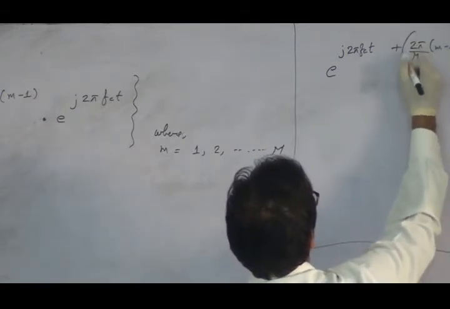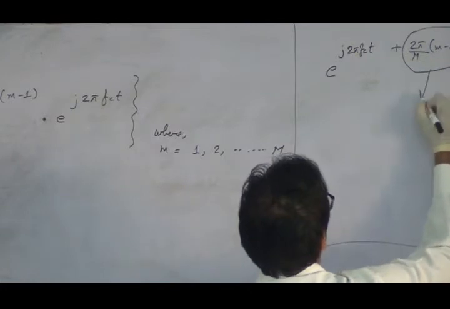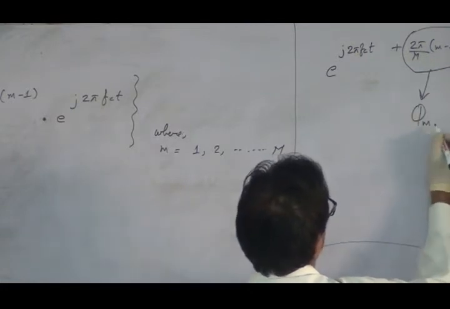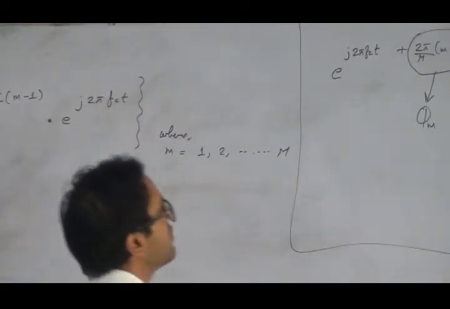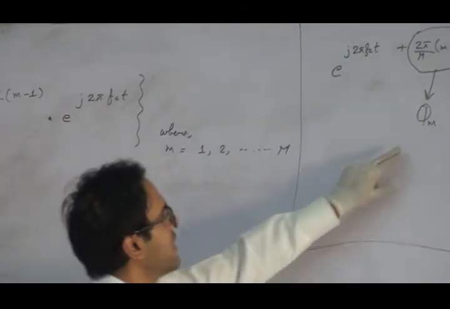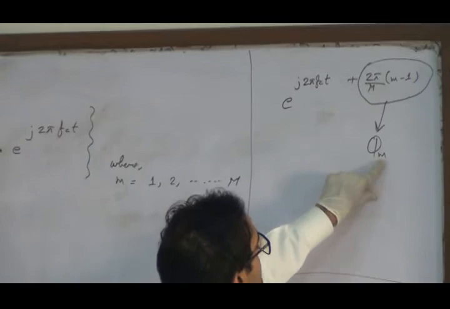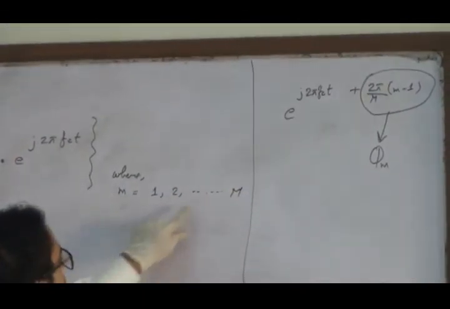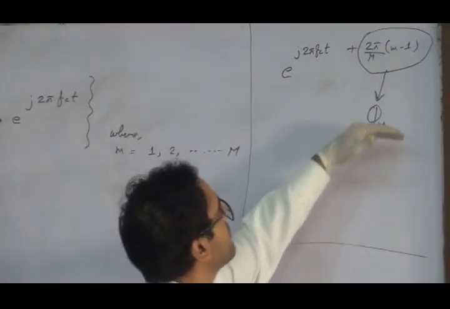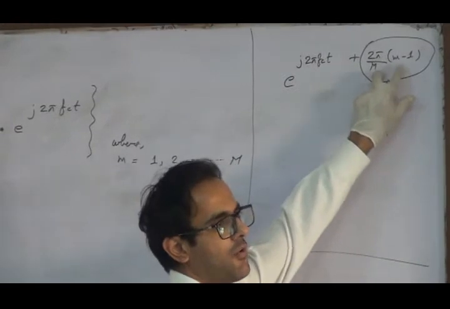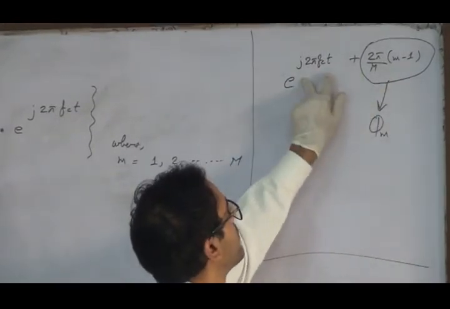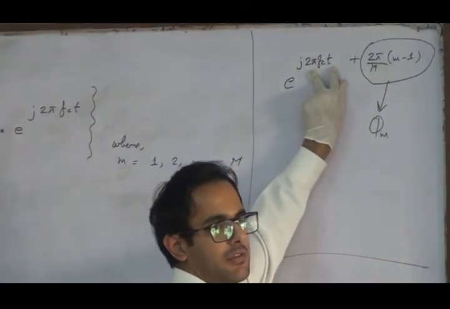Now this term basically is the phase phi m. The phase is controlled by the index small m, right? So if you vary small m from 1 till capital M, you are going to get different phases, and all these phases are going to get added onto the carrier term's phase, right?